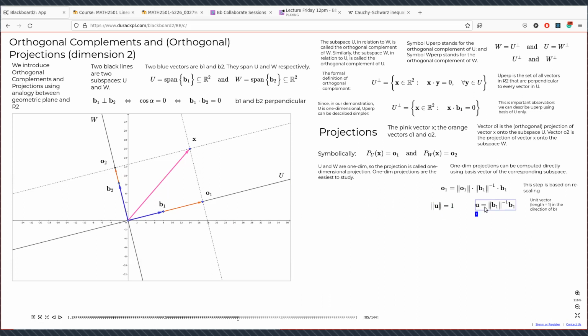Let me make this part of this slide, this statement for the future. It's just a side remark.